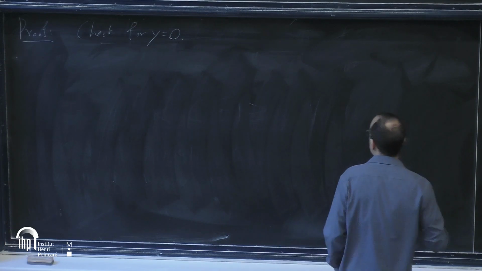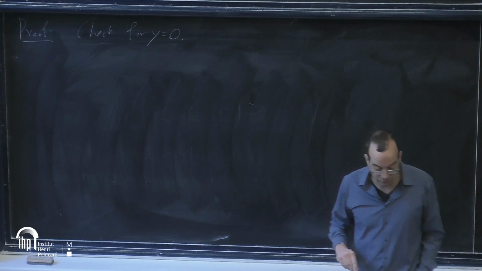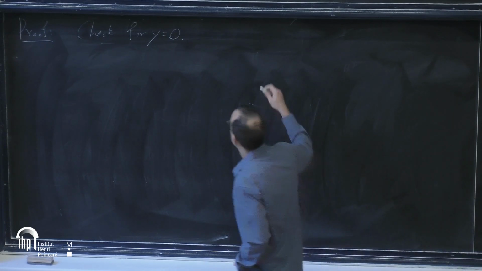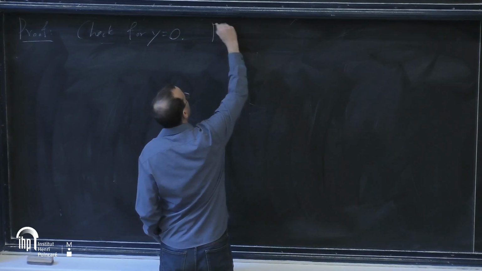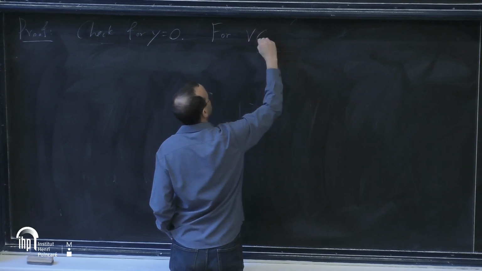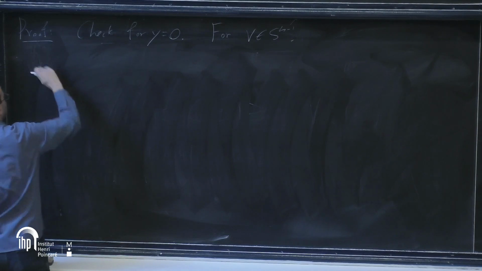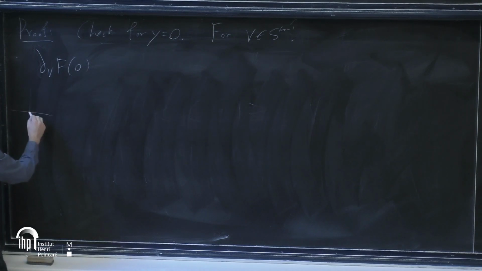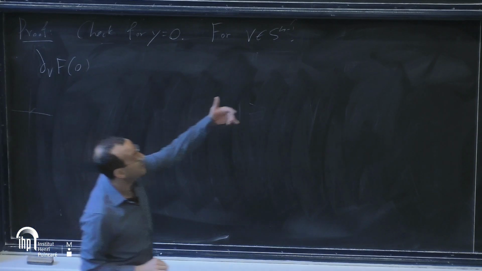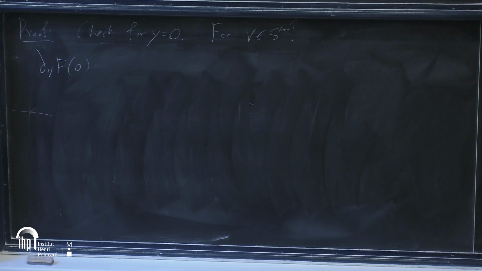So we need to look at the function which is log determinant and differentiate it. How do you differentiate log determinant? Let's just do the directional derivative in some direction v. What is the directional derivative of f at the origin in this direction? We have our function f, and this is the log of a determinant of the Hessian of lambda.